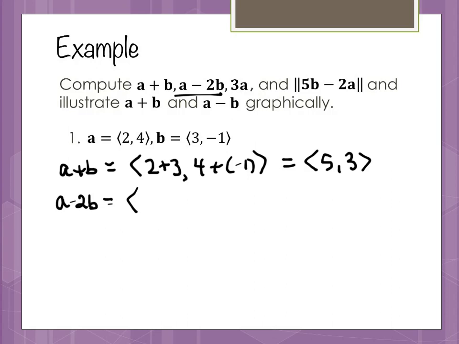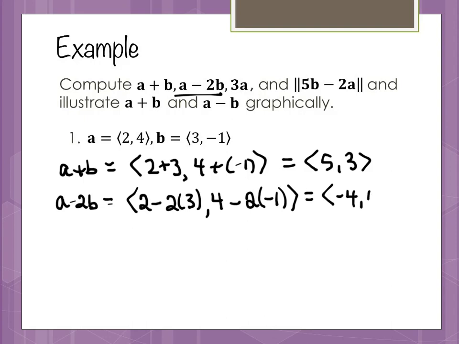So it's going to look something like this. I can take the component that's in the A vector, 2, and then I'm going to subtract 2 times the component in the B vector, 3. I can take the component 4 and subtract 2 times the B component, negative 1 rather. What does this give me? Negative 4, 6.